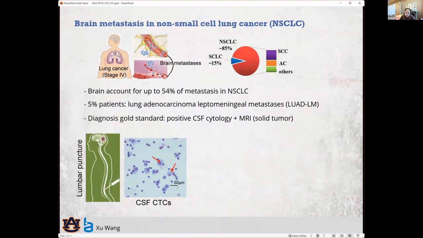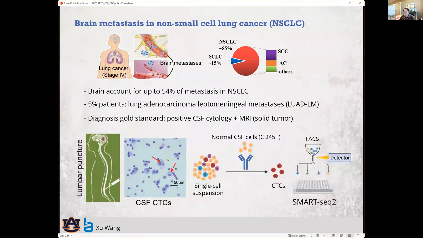Through lumbar puncture, we obtained 2 mL of CSF samples, and you can see there are normal CSF cells and also circulating tumor cells, or CTCs. We would like to know the transcriptome signature of CTCs in CSF samples to develop novel transcriptome markers for diagnosis.